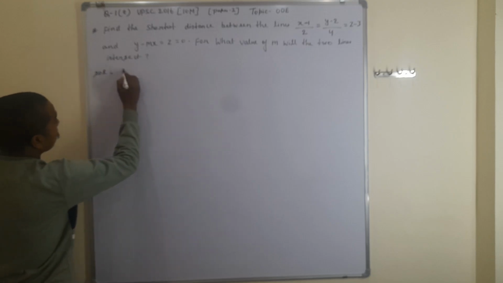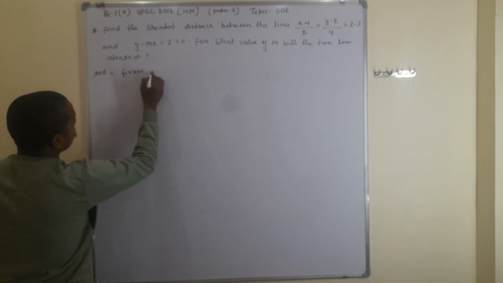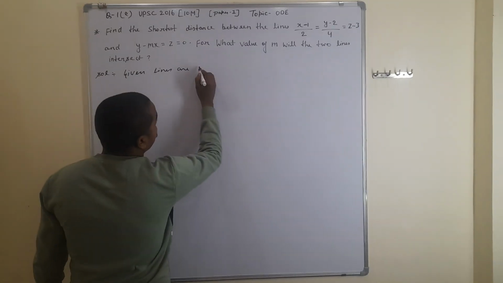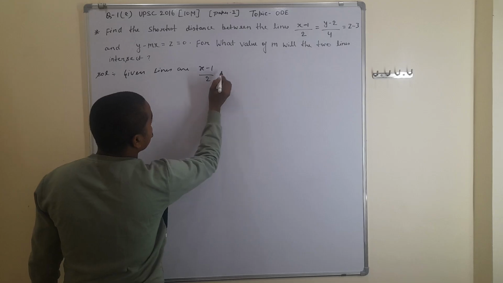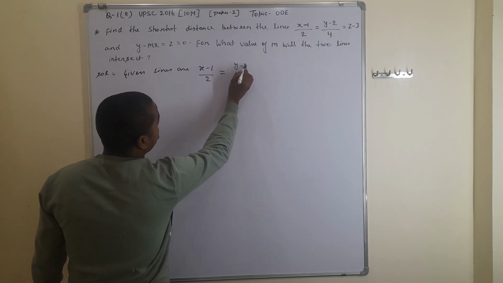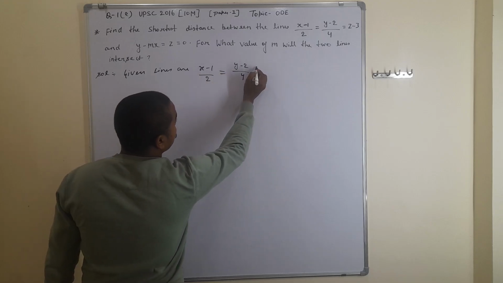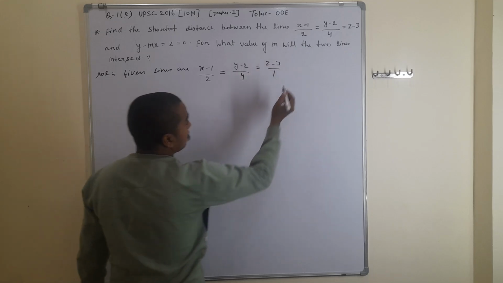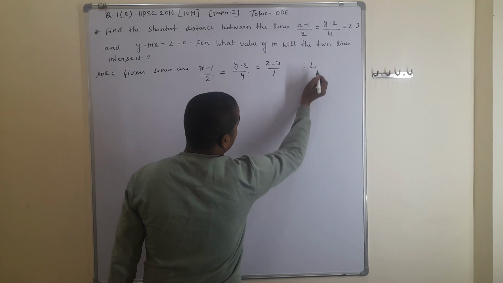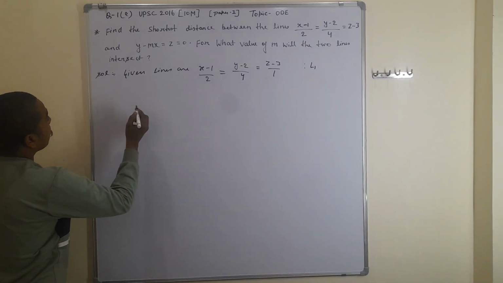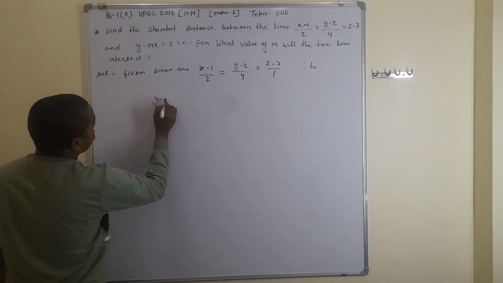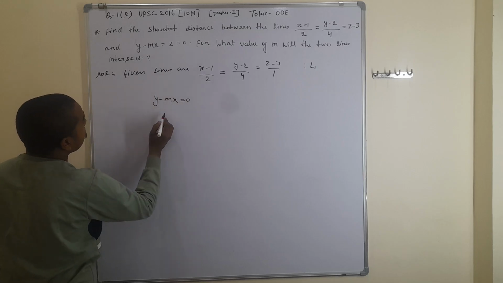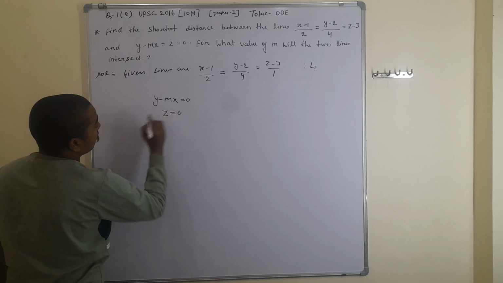Given lines are (x minus 1)/2 is equal to (y minus 2)/4 is equal to (z minus 3)/1. Let this be line 1, and line 2 is given by y minus mx is equal to 0 and z is equal to 0.